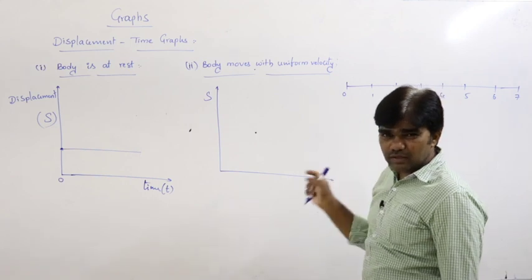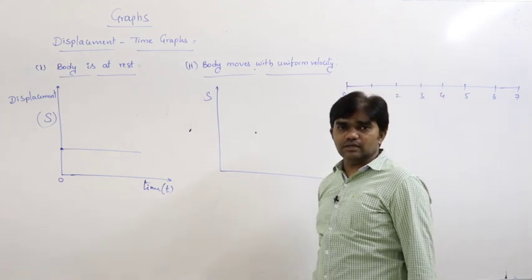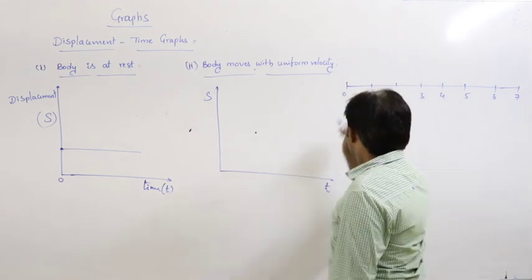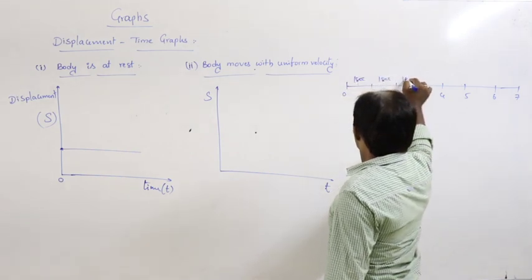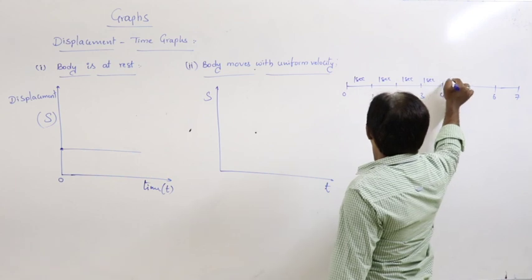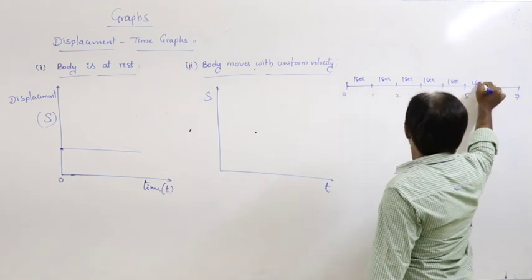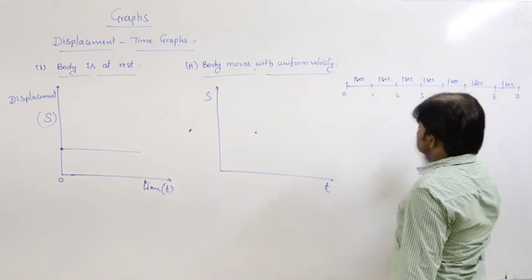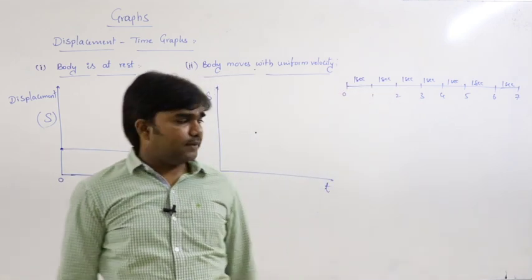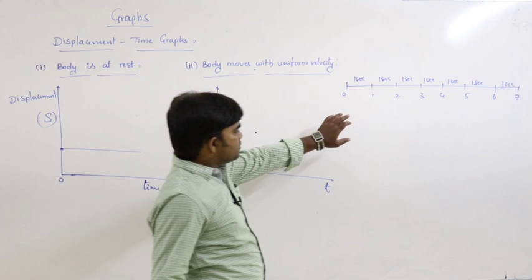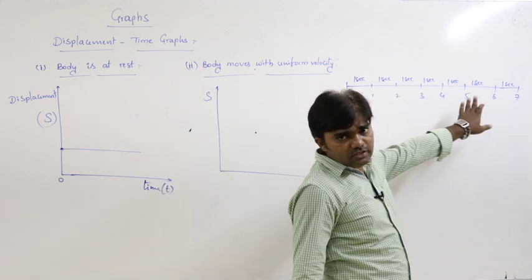So each interval is 1 meter. Equal displacement. The time taken to travel here is 1 second, here also 1 second, 1 second, 1 second, like this. Equal displacements in equal intervals of time.